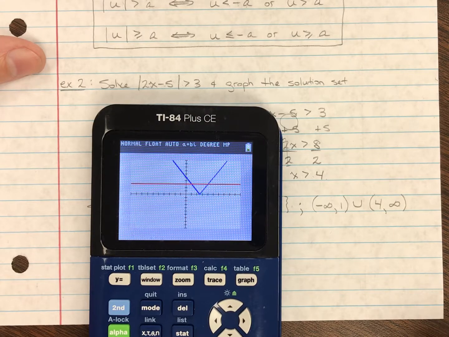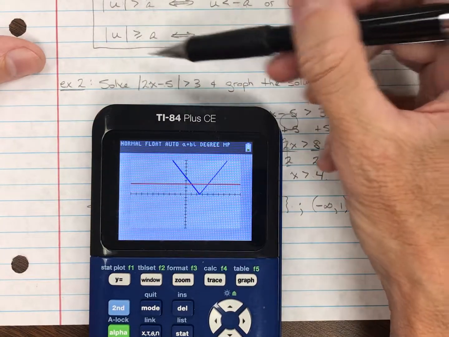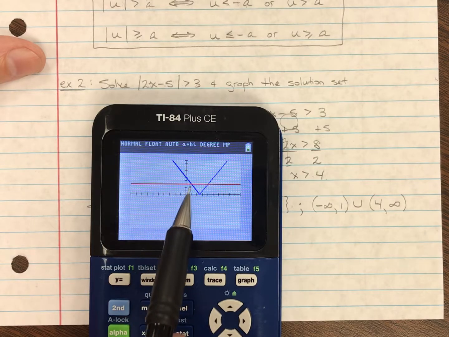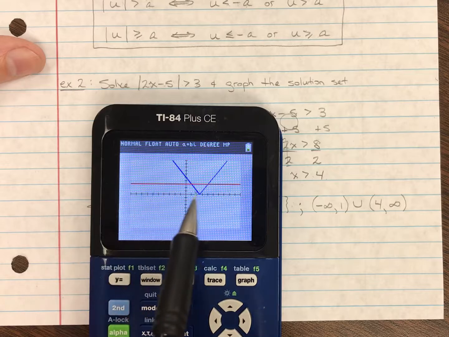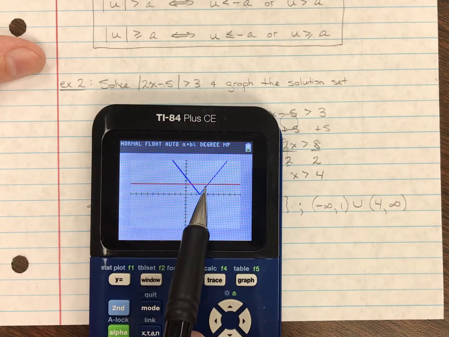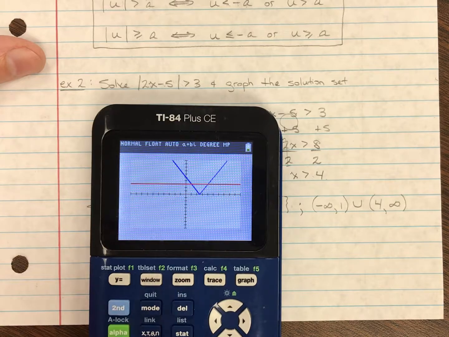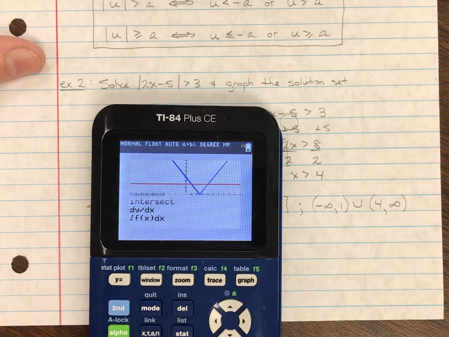Now where is the v, which is the absolute value, up here above the 3? Well, it's above the 3 from 1 to the left and from 4 to the right. That's where the blue is above the red. I want to check the intersection points. Second calc intersect.